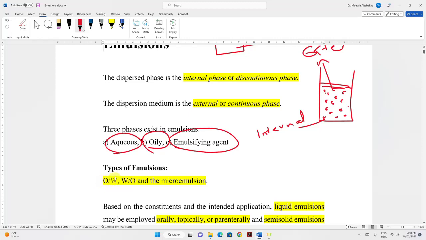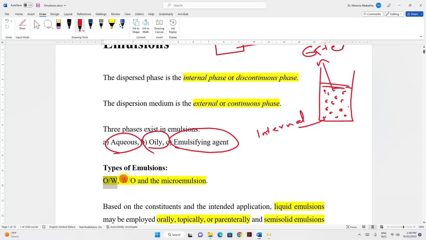We have oil in water emulsion. This is one type. What does it mean, oil in water? It means the internal phase is oil and the external phase is water.